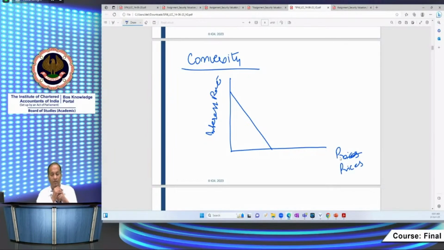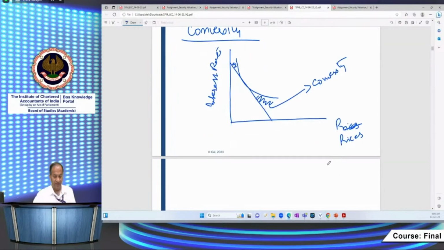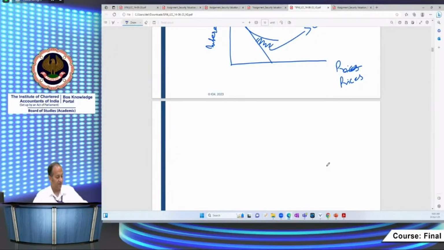Now student, normally the bond theory, or modified duration that we have discussed, assumes that there is a linear relationship between the interest rate and the prices of the bond. However, when we compute it practically, there is a kind of convexity in the prices. So this impact is called the convexity impact. We have to make an adjustment for the same, and accordingly, there is a formula for adjusting the convexity.